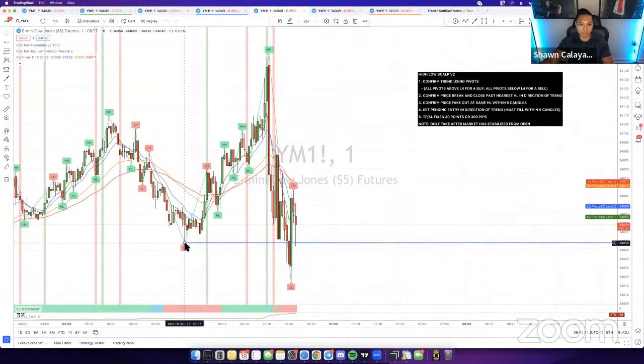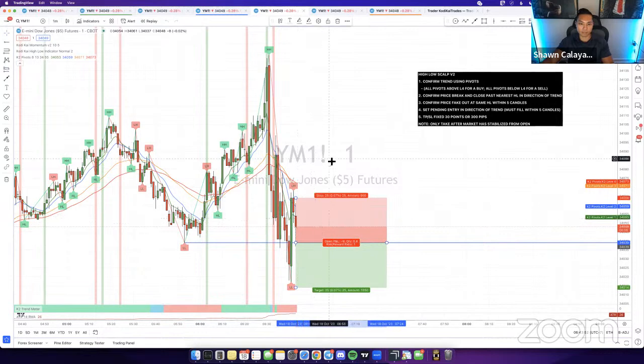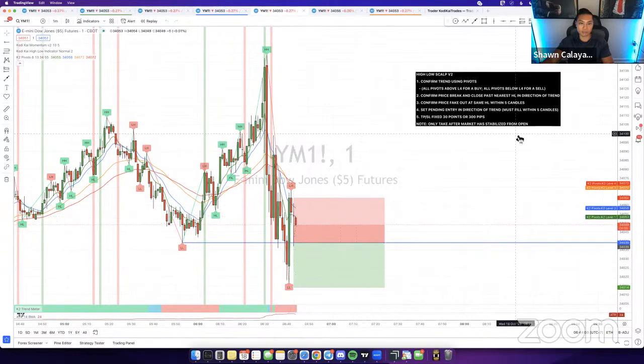It looks like there might be another. It's kind of hard to tell here. Yeah, there's another one running right now, actually. I'm not in the position, of course, but I just pulled this up just now. So price broke below, pulled back up right here, and now it's coming back down, as you guys can see over here.